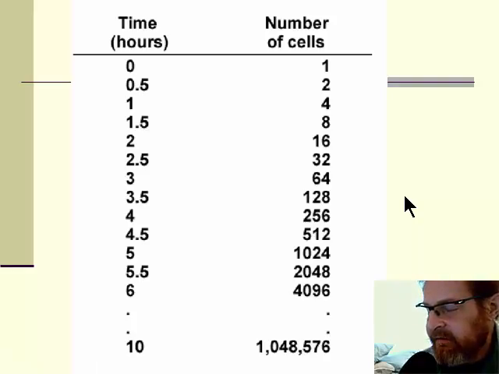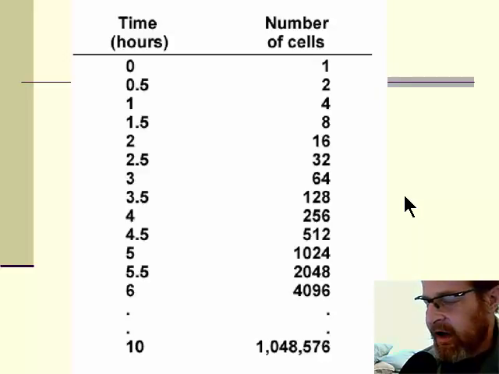As you can see, and using the picture from before as the example of binary fission, every time you have a division, you increase the number of cells by twice. Each one cell will go to two cells will go to four cells will go to 8 cells. And you can do that up to a certain point where you get the carrying capacity of the media that you have.